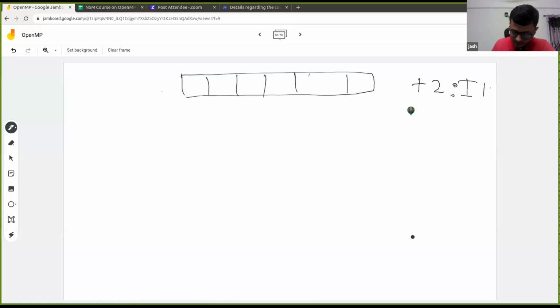Instruction 2 is multiplying by 2. Instruction 3 is something like subtracting 100. So these are the 3 instructions that you have. And the second thing is the data, right? Each element in this contains some data. So there are 2 ways in which you can parallelize this.